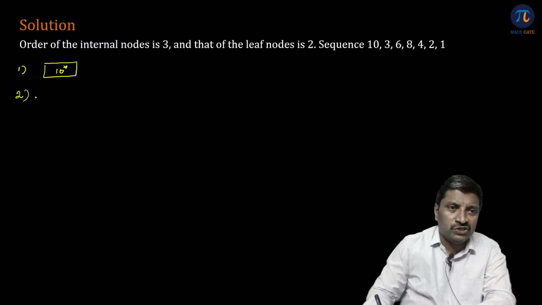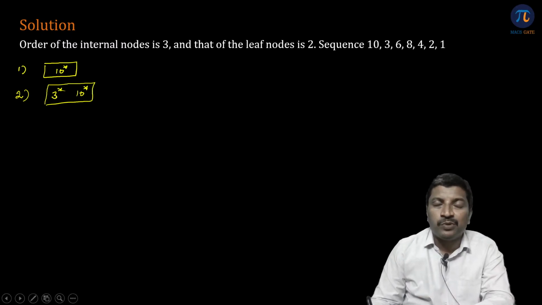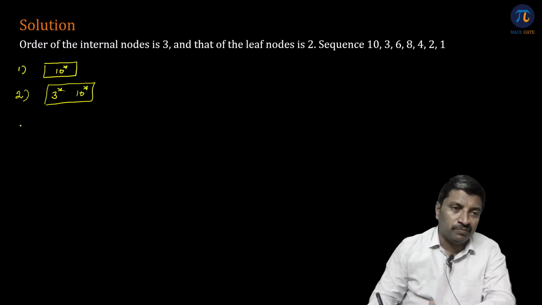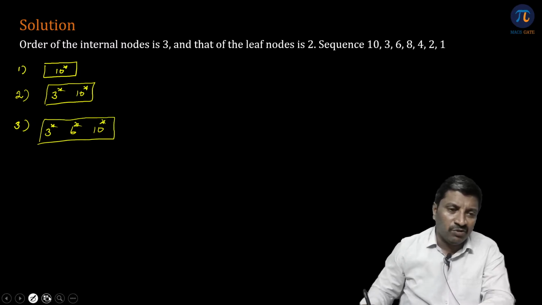Then the next node is 3. So 3 star, 10 star. Sir, why am I writing star? 3 means it is not only 3. 3 plus pointer to the data block. That one only. Now let's go to the next one, 6. So 3 star, 6 star, 10 star. Now it is violating because I can have maximum 2 keys.